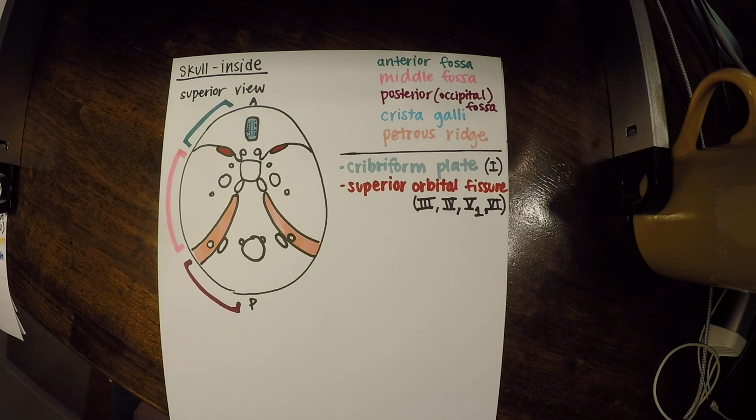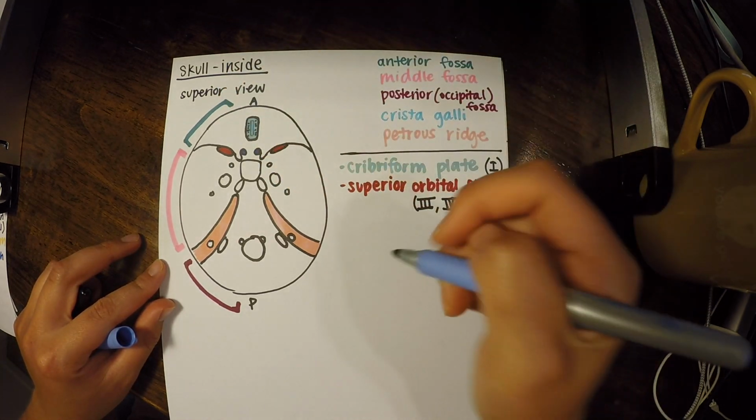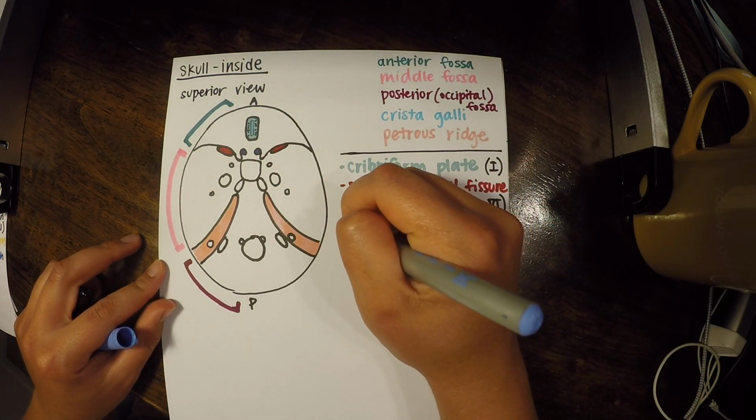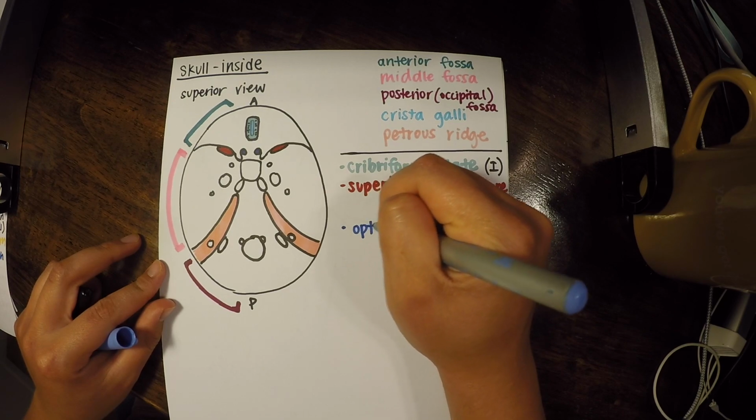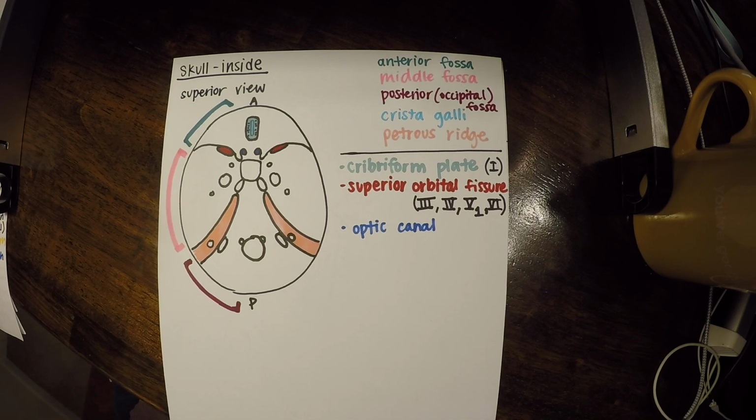Now, next to that, you also have your optic canal, which is right here. Those two little blue dots. And what makes sense is the name of the nerve often coincides with the foramen or the hole.